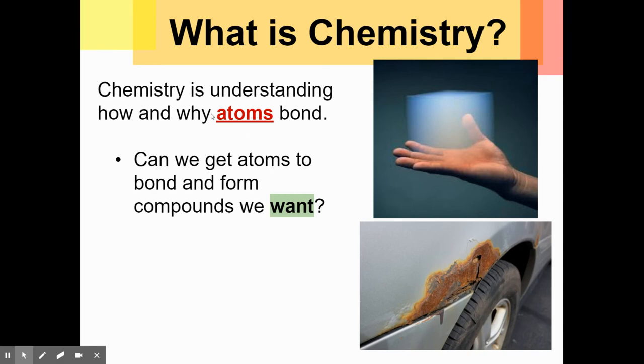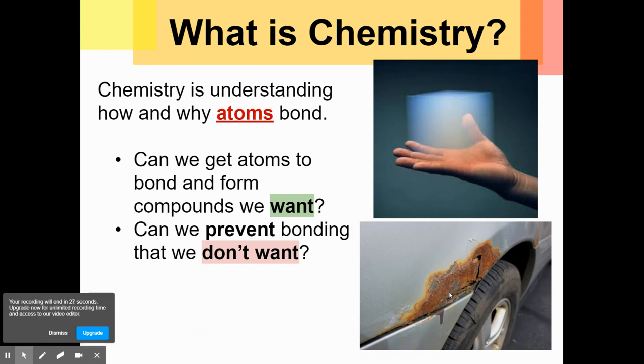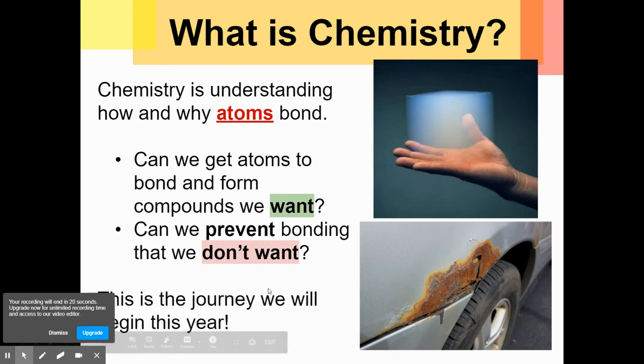Because if we can figure out how and why atoms bond, then we can maybe get them to bond in certain ways to make new and interesting substances like this aerogel, a super light and delicate insulating gel. Or, just as important, we can figure out how to avoid certain other chemical reactions. If we can figure out the reasons why iron and oxygen come together to form rust, then we can figure out a way to prevent them from coming together. So your cars, your tools will no longer rust, okay?